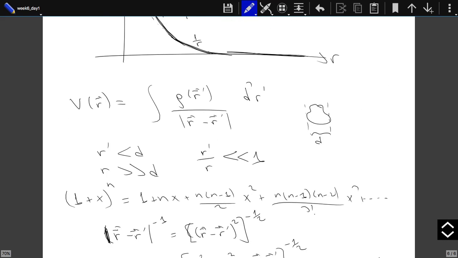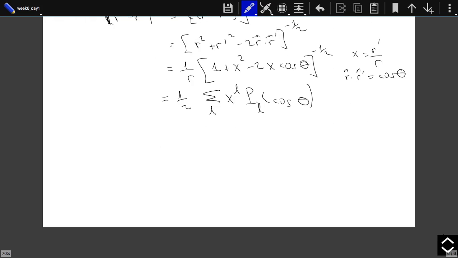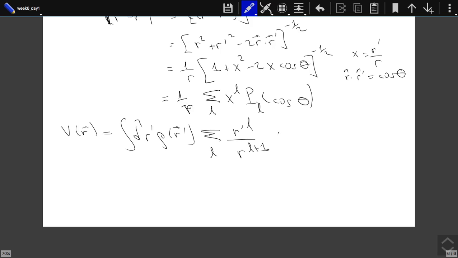So now let's go back. Now we know the expansion of 1 over r minus r prime. V of r is equal to the integral over r prime, rho of r prime, times the sum over L of r prime to the power L divided by r to the power L plus 1, P_L of cosine theta. Well, we are integrating over theta. We are integrating over r prime.